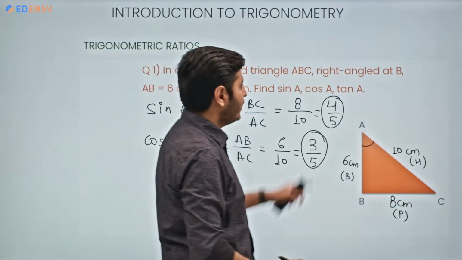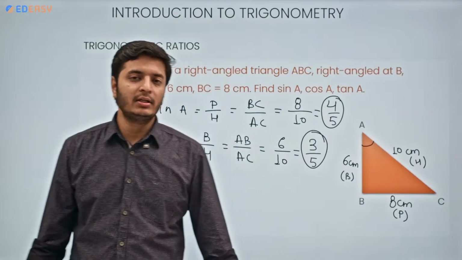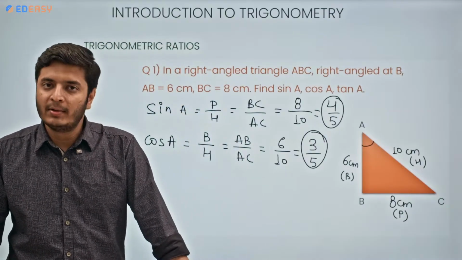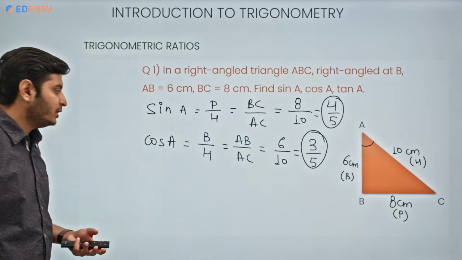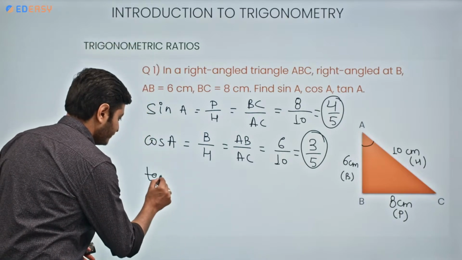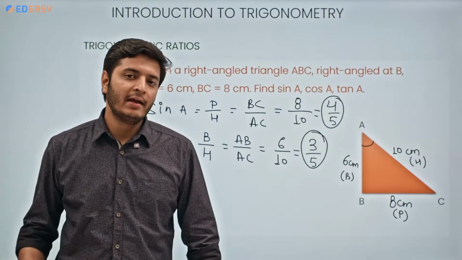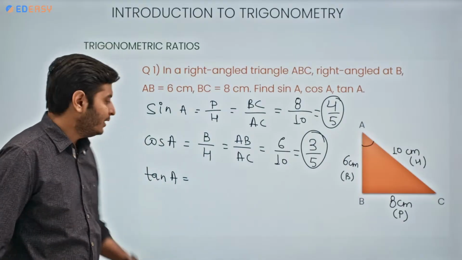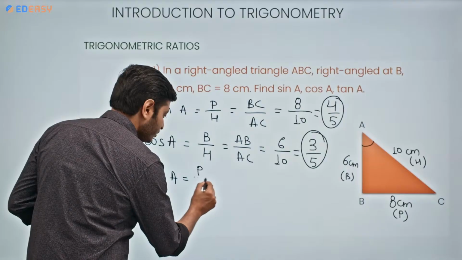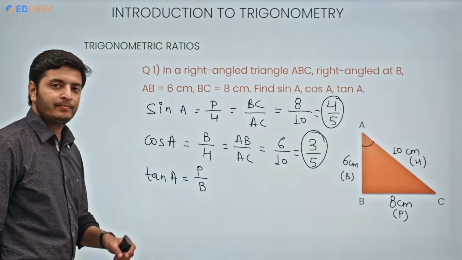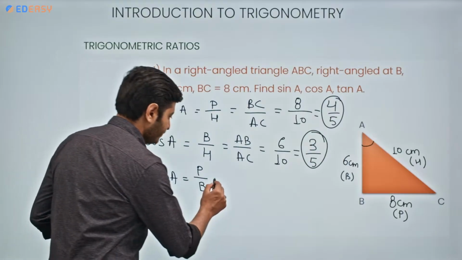Now to find tan A, there are two ways. As I told you, tan A is nothing but the ratio of sine A by cos A, correct? So that way also we can find it, or otherwise we can use the ratio directly. Some people have curly brown hair till T, painted P, black B. So tan A is P by B, perpendicular by base.